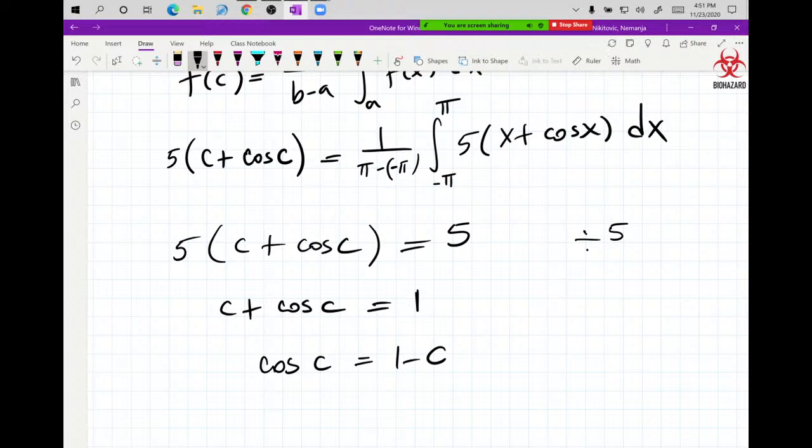Now this is not an equation that you can solve by algebraic means, because it's combining a polynomial with a trig function. So you actually have to graph this or use software, or use approximation to solve.